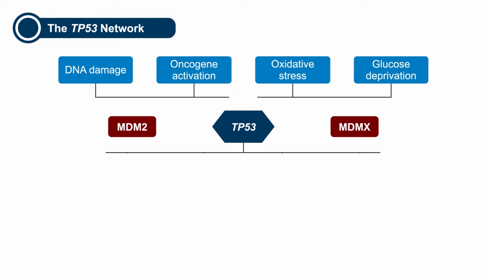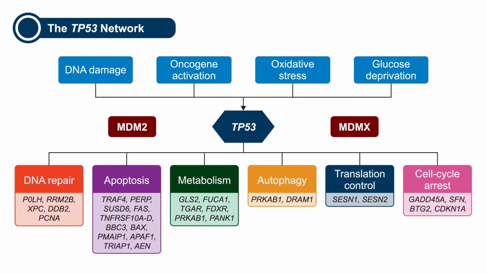So P53 functions as a critical node within a complex cellular network where P53 acts as a gatekeeper. The P53 function is actually tightly regulated because this molecule plays such an important role.